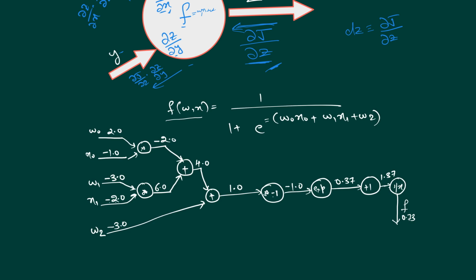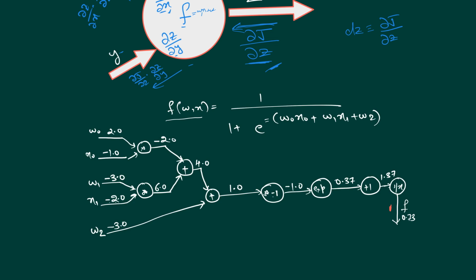So now let's start calculating the backward gradient. So del f by del f trivially out here, and we'll be writing the gradients below the line. So del f by del f is 1, so we get that here trivially. Now when we look at this node, the function being computed is 1 by x.